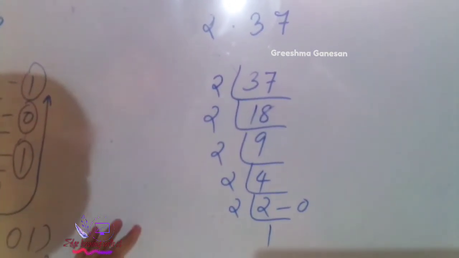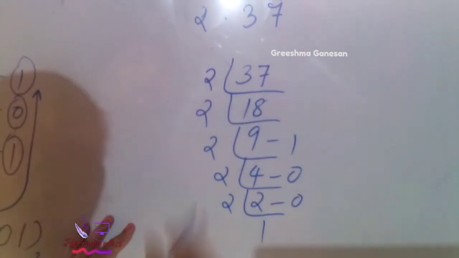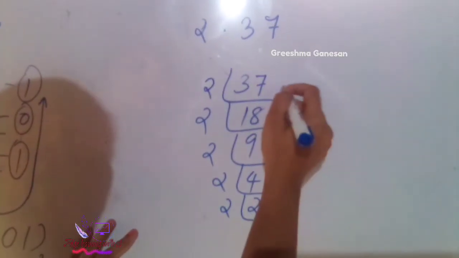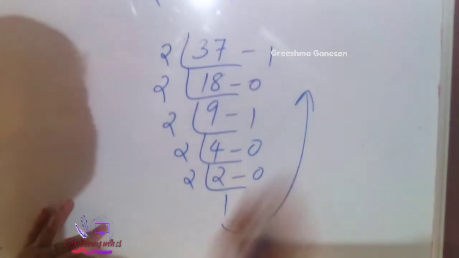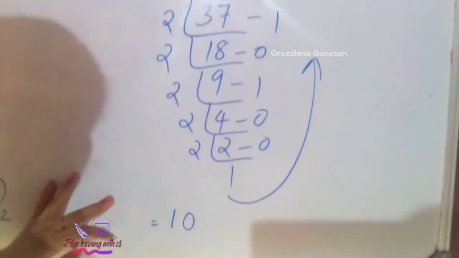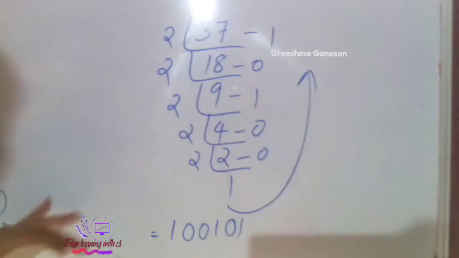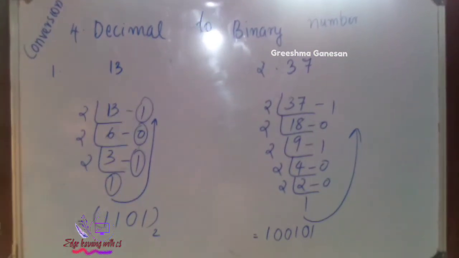Here the remainder will be 0, 2 2s are 4, then again 0, 2 4s are 8, then 1, 2 9s are 18, then 0. Then here also you can find the value 1. Then again we read the answer from down to up. Then the answer will be 1 0 0 1 0 1.